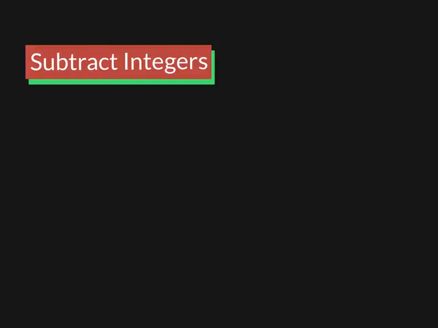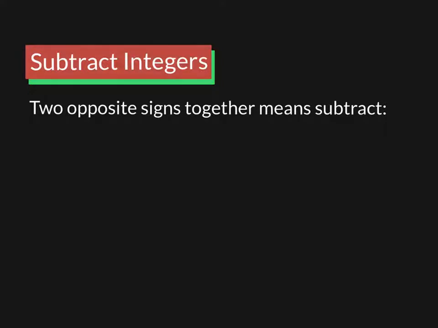I've been giving these examples and using the number line to try to help you understand the concept of subtracting integers. But if that's not the best way for you, here's another way to think about it. Whether you're adding or subtracting integers, two opposite signs together means to subtract.